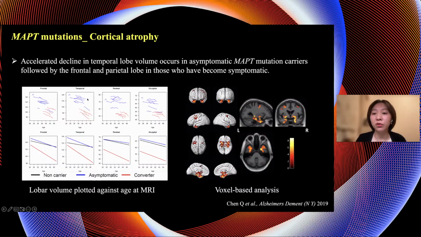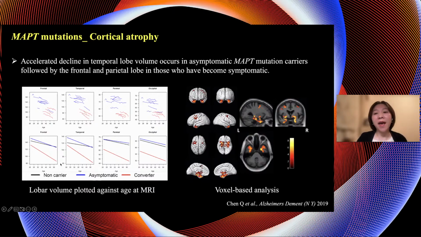Each line is one individual. In the bottom panels, the lines show the predicted volume from the mixed models. Each shows what we could expect per group in the age range. The x-axis shows the age.